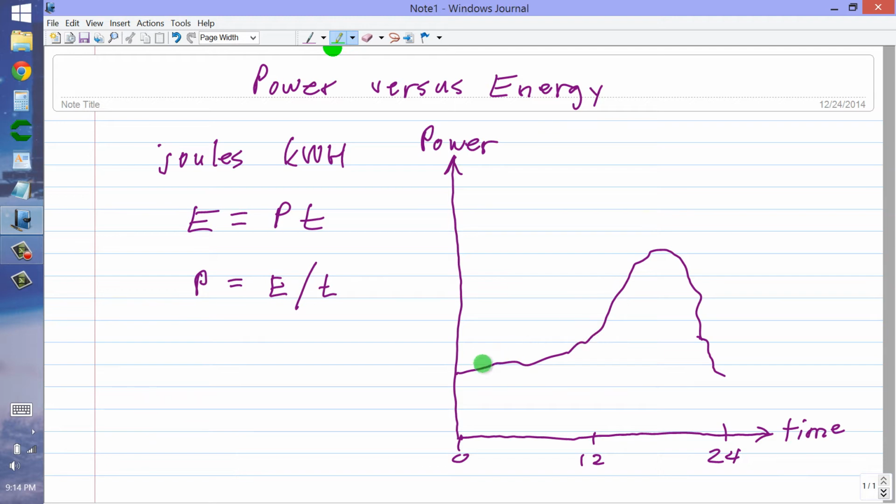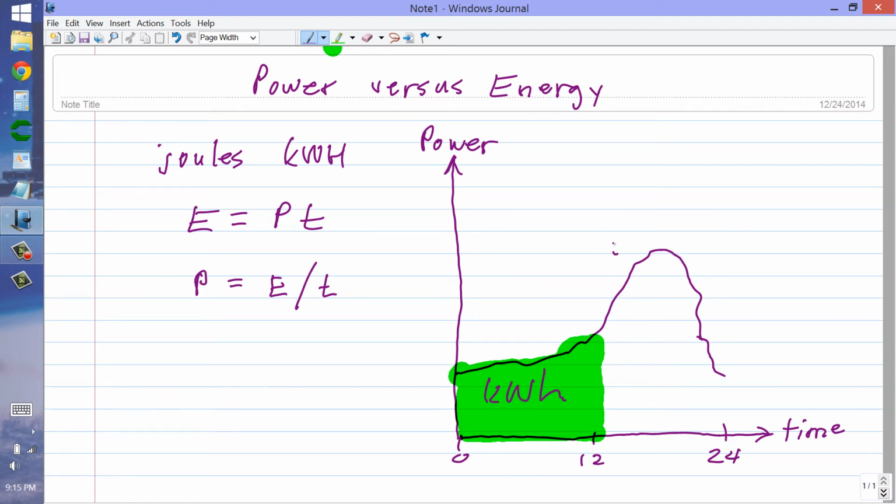But energy is the accumulated power over a certain period of time. So the energy that you use, say, from midnight to noon, would be represented as the area under this curve. This energy might be expressed in electrical systems in kilowatt hours.